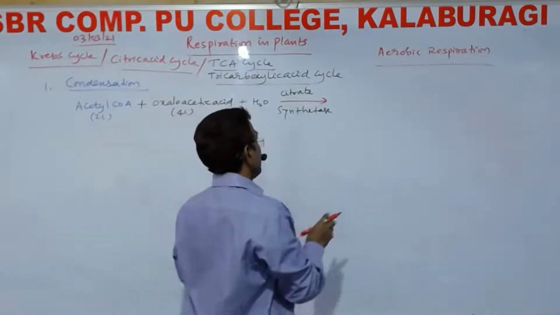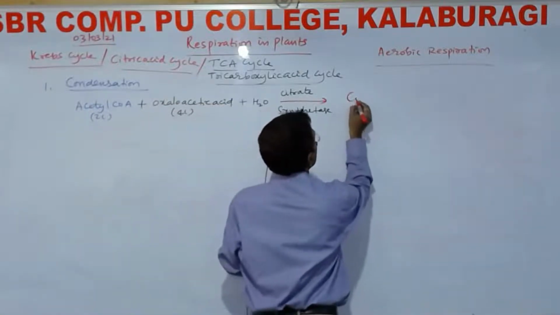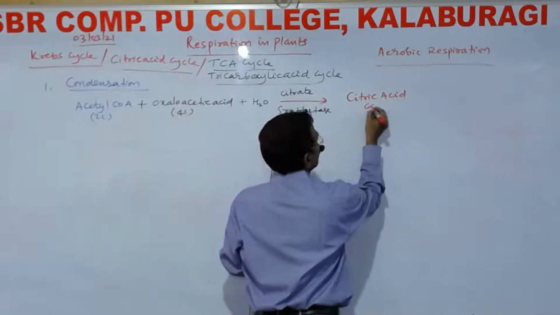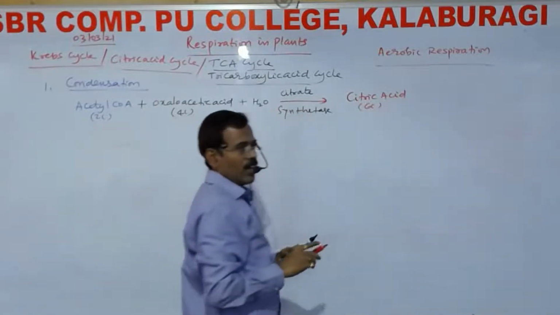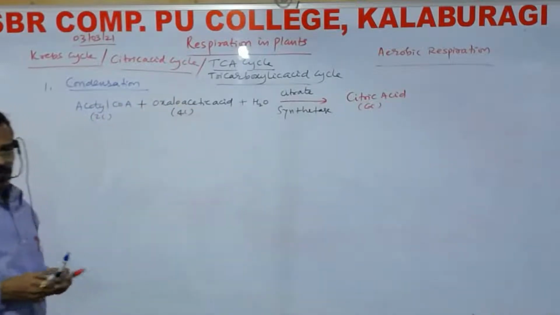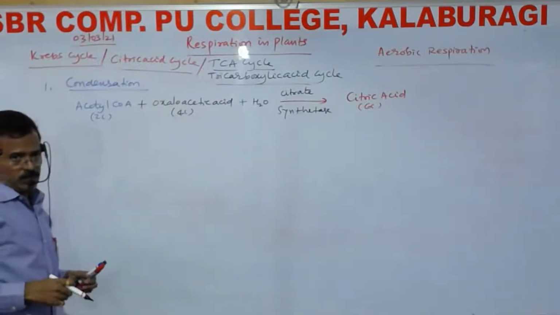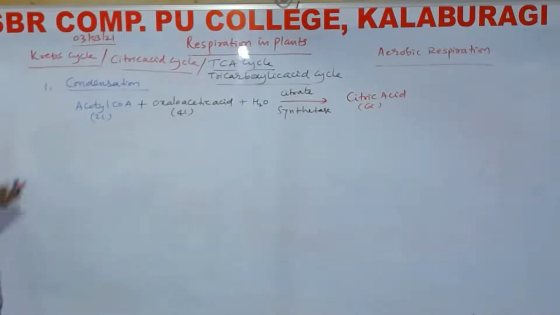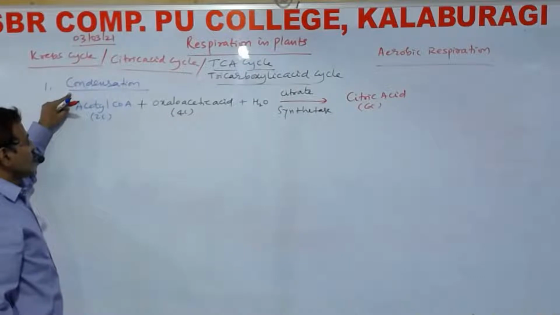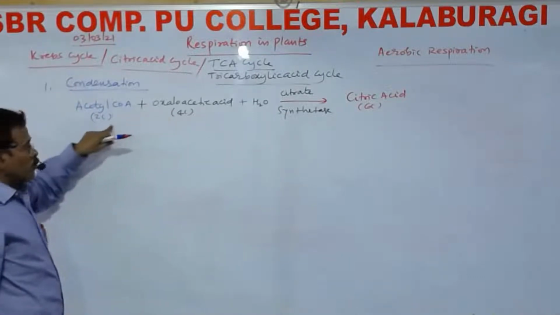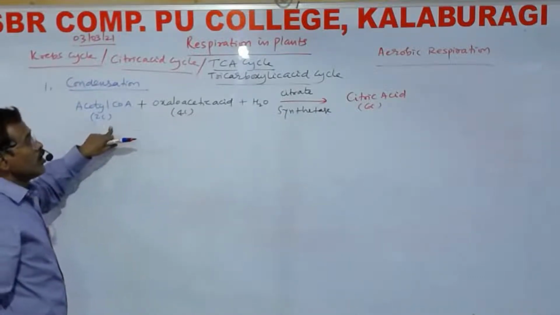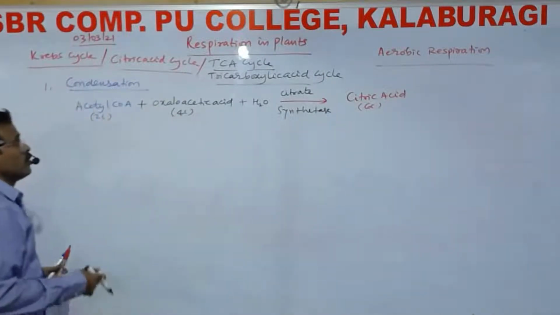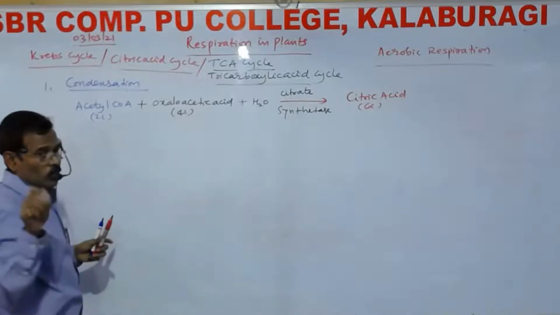Okay, you are going to get the first stable compound, citric acid, 6-carbon organic acid, tricarboxylic acid. So this is the first step. This enzyme name you want to remember. So in step number 1, condensation, oxaloacetic acid will combine with acyl coenzyme to form citric acid. Okay. Now, one water molecule is used here.